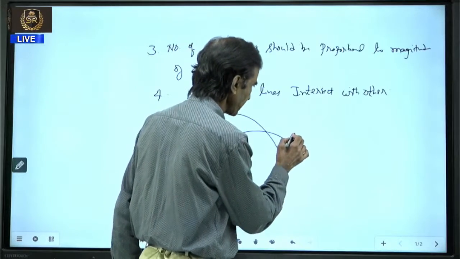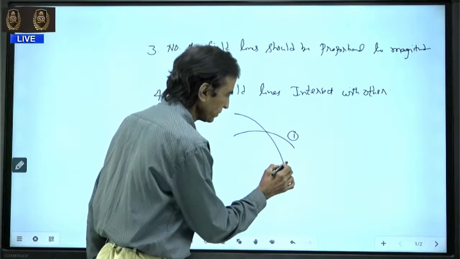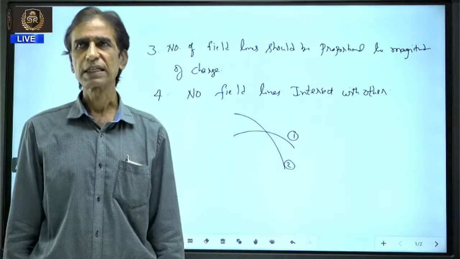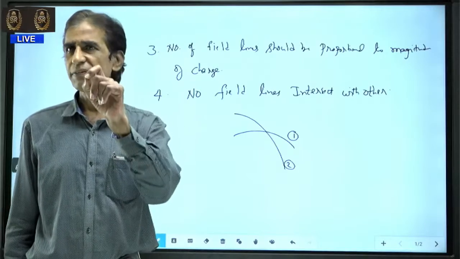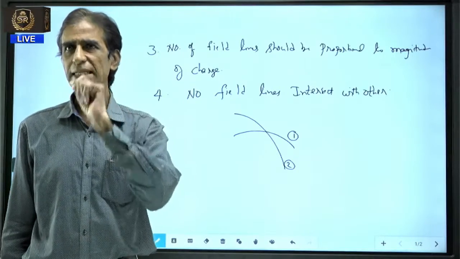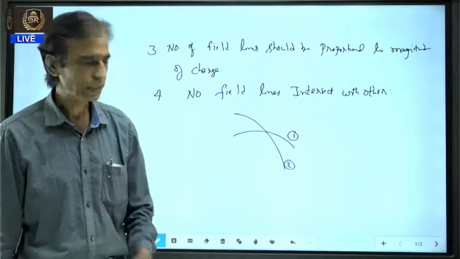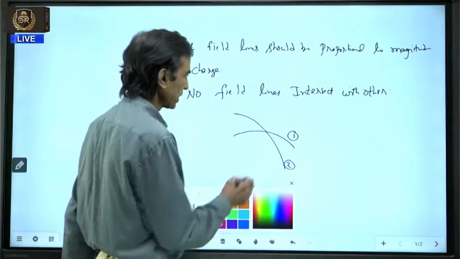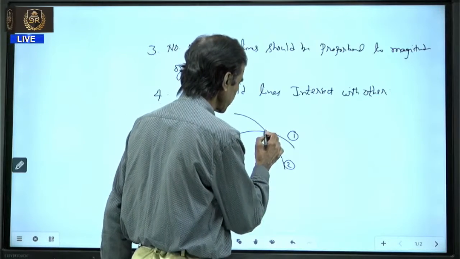This is field line 1, this is field line 2. They intersect. Then what does it mean? At the point of intersection, can you draw two tangents or not?